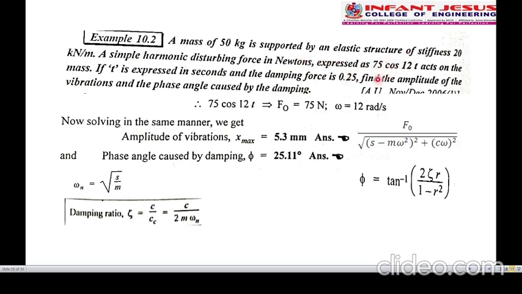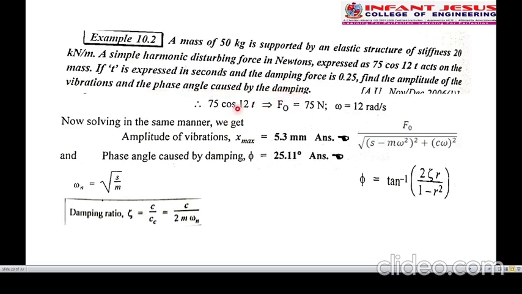The cos function also is a simple harmonic function, so we can use this for our problem. This is F naught, this is omega, F naught cos omega t. If t is expressed in seconds and the damping ratio zeta is given as 0.25, find the amplitude of the vibrations and the phase angle caused by the damping.